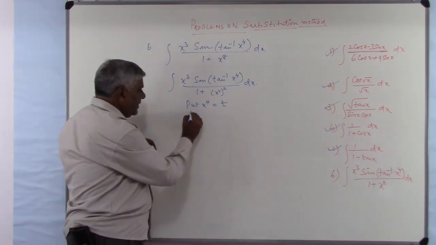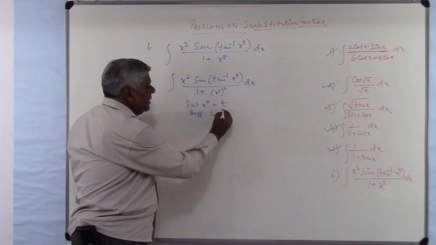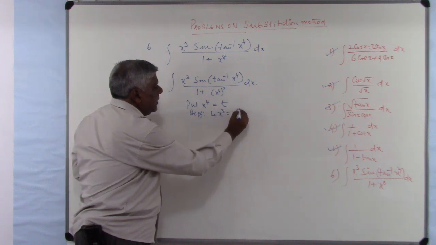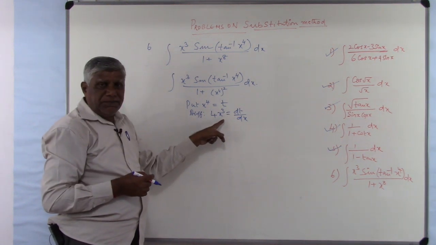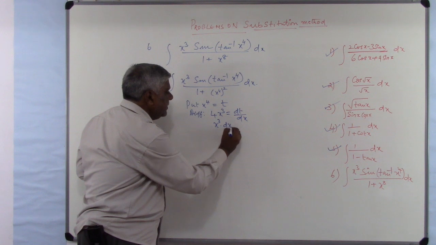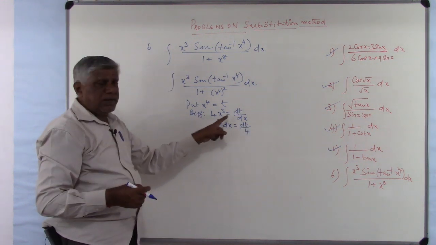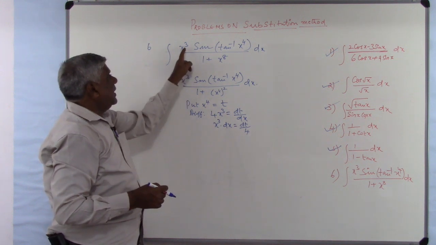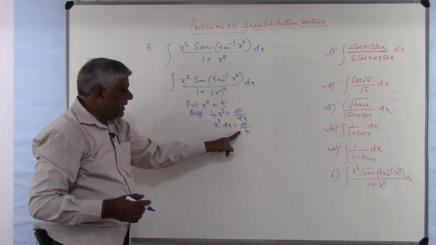Now when we differentiate this, 4x cube is equal to dt by dx, or x cube into dx is equal to dt by 4.